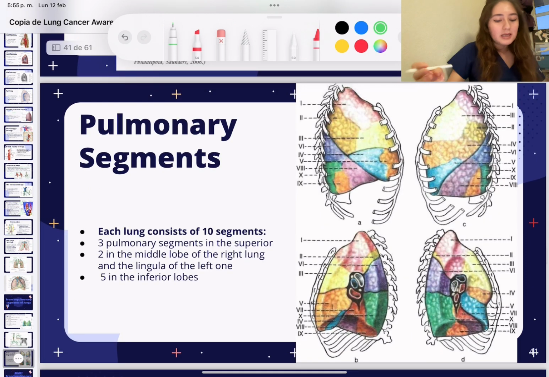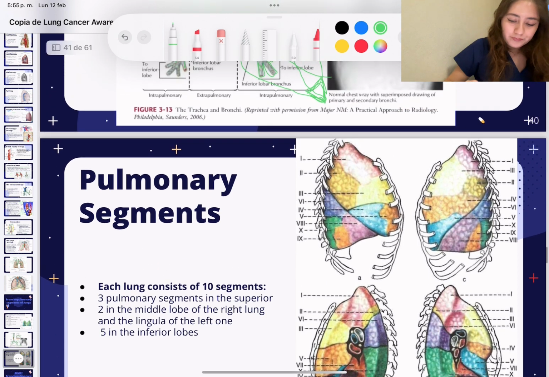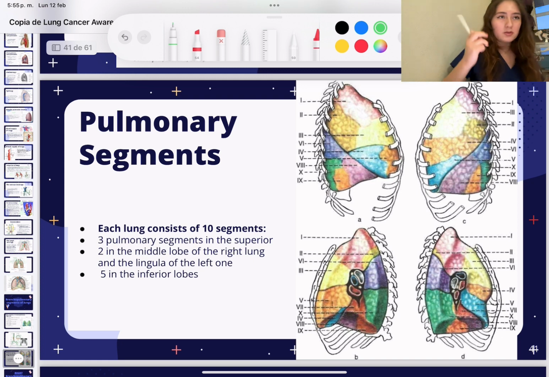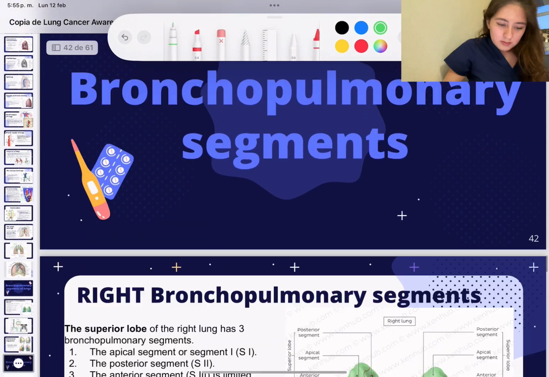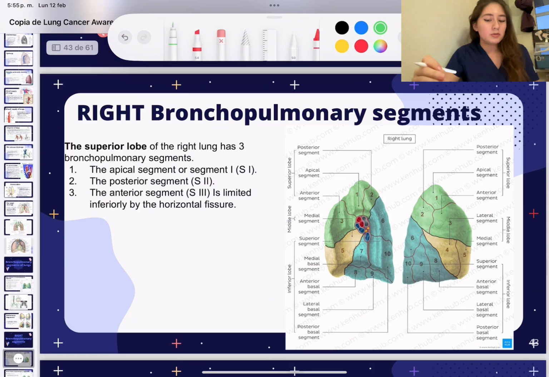Pulmonary segments. Each lung consists of 10 segments, 3 pulmonary segments in the superior, 2 in the middle lobe of the right lung, and 5 in the inferior lobes. So 3, 2, 5. Okay, right bronchopulmonary segments.